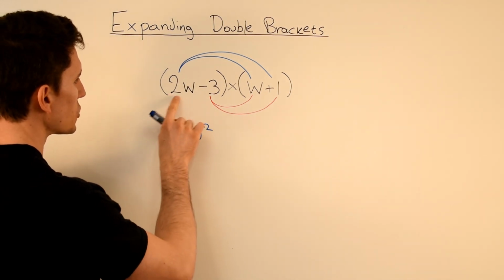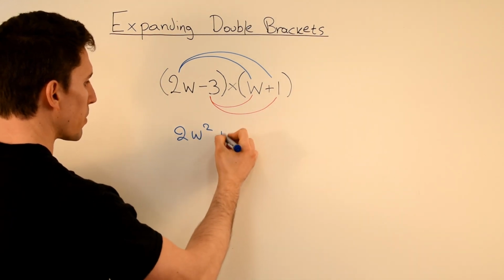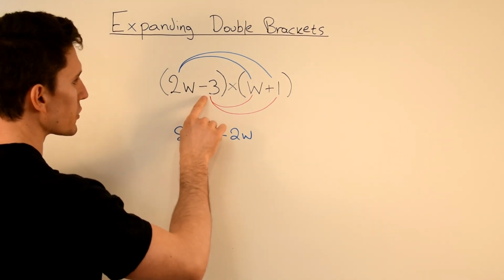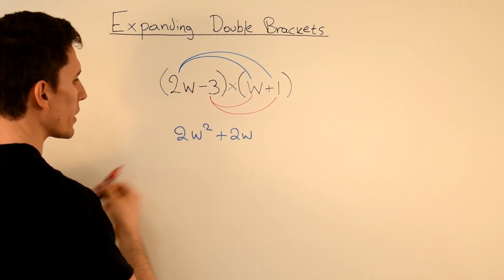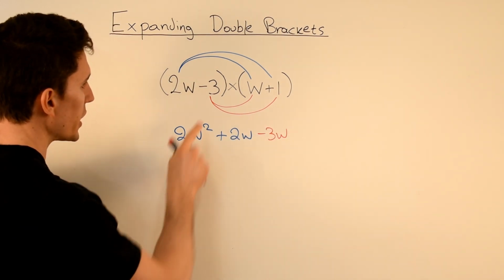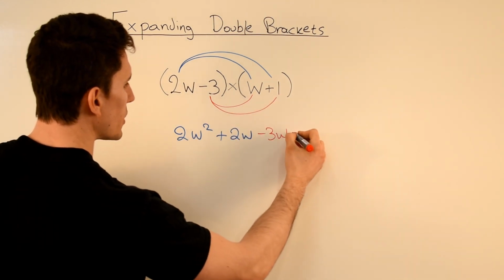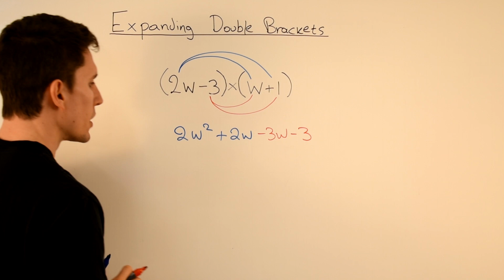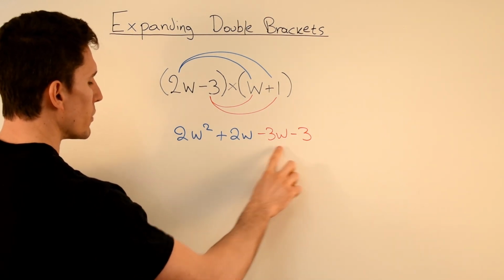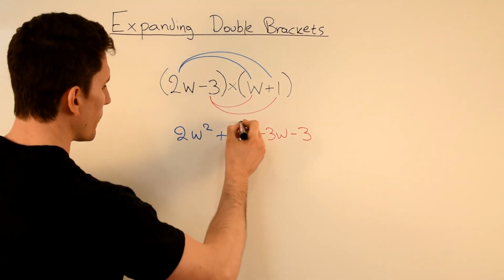Let's continue with 2w times plus 1. Now that is simply plus 2w. Let's continue with minus 3 times w. Now that is simply minus 3w. And finally we have minus 3 times plus 1. Now that is going to be equal to minus 3. Now let's have a look at these middle terms. 2w minus 3w, they are both like terms. They both have w. So we can put them together.